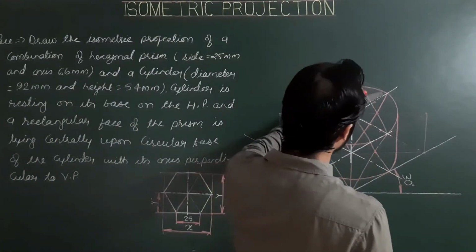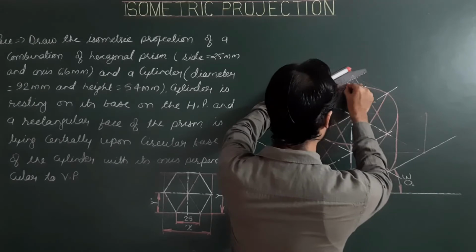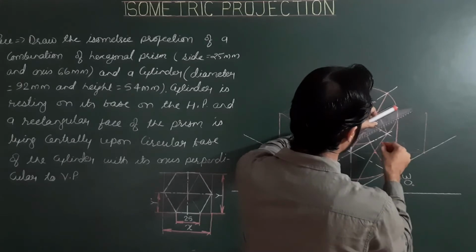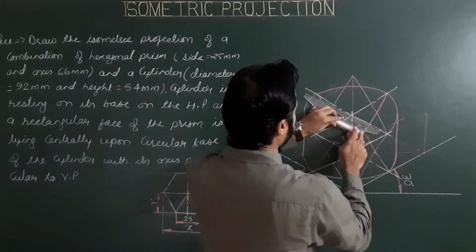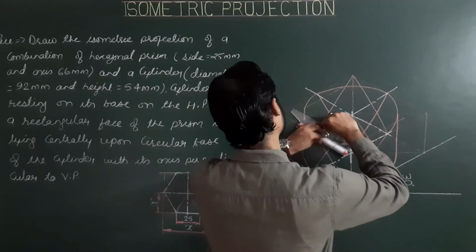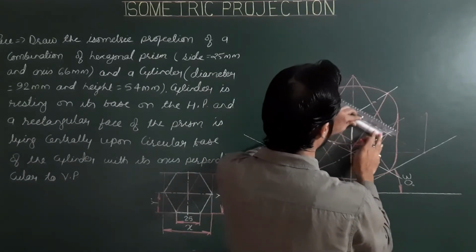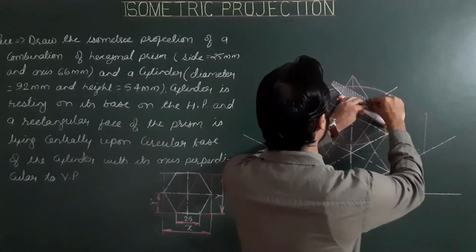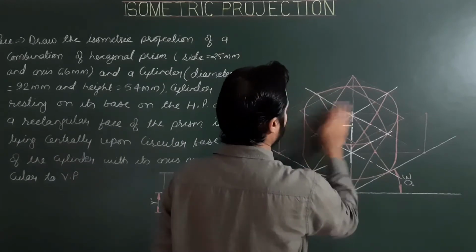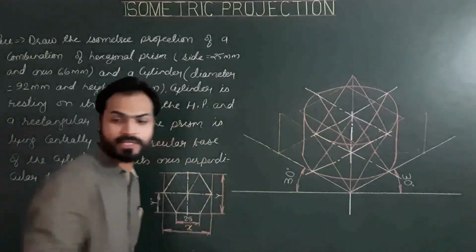So drawing lines parallel to the first and second center lines from these points. So this is the rectangular face of the helping cuboid.